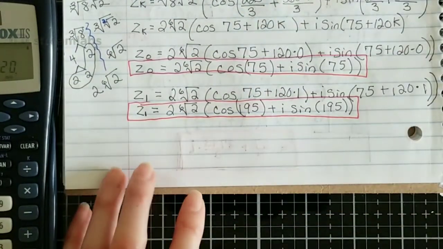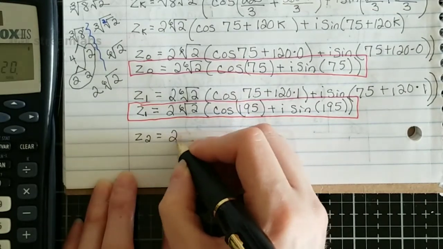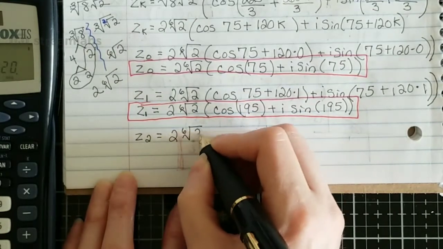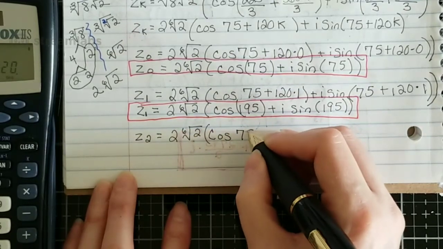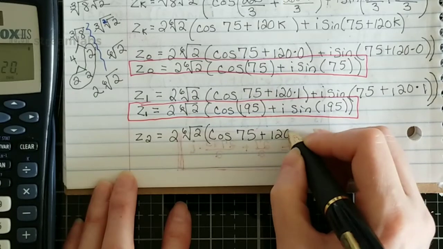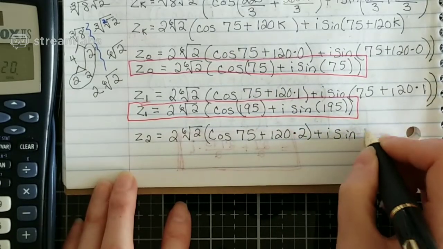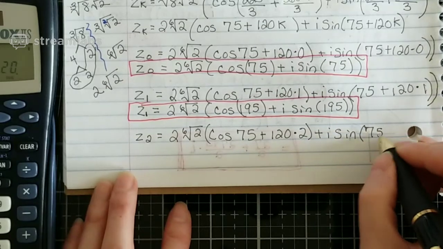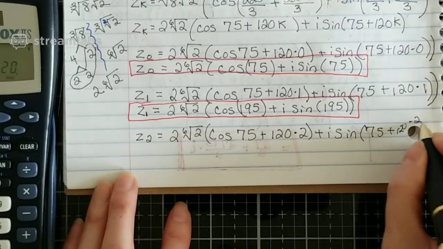All right, last one. Z sub 2 is 2 6th root 2 cos of 75 plus 120 times 2, plus i sine 75 plus 120 times 2.